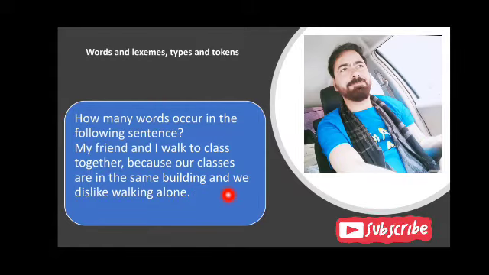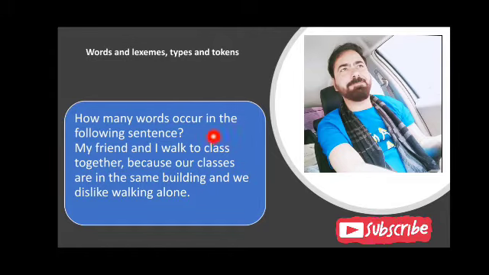If you count each word and you say that there are 21 words, your answer is correct. And if you count and tell me that there are 20 words, your answer is also correct. And if you tell me that there are 16 words, again, your answer is correct. So it depends on what a word means to you.